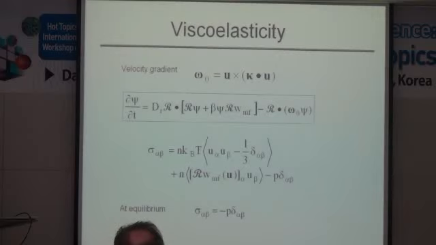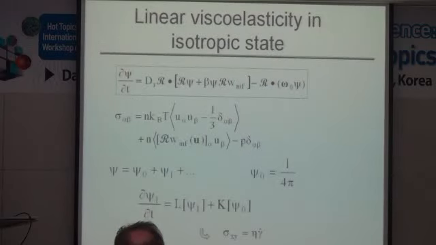But let us restrict to the regime where the perturbation from the equilibrium state is small, the so-called linear viscoelasticity regime. The analysis is easy in an isotropic state. This is the time evolution equation in the isotropic state.